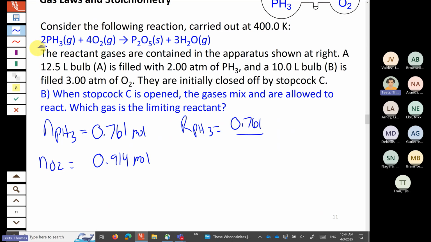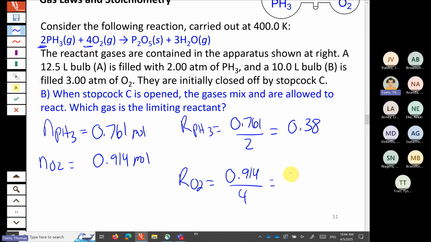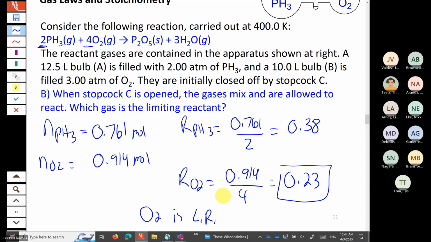The coefficient for PH3 is 2, so its stoichiometric ratio is 0.38. Two digits should be enough to compare. For O2, we take its number of moles, 0.914, and divide it by 4, which is the coefficient for oxygen, and we get 0.23. This is our smaller stoichiometric ratio, which tells us that O2 is the limiting reactant.